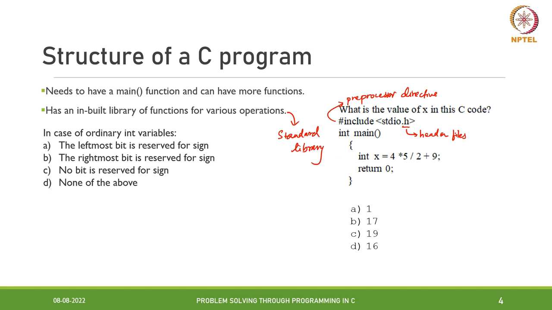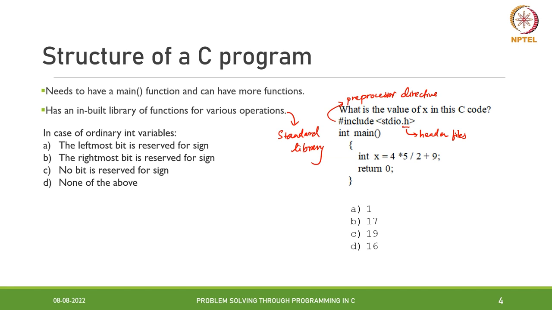When I write stdio.h, it will include all the functions present in stdio.h related to input and output in this code, so that I can use any of those functions, say the print functions and so on. I can use that only if I have included this particular header file. So basically I'm telling the preprocessor to please include this particular file because I'm going to use some functions from it.